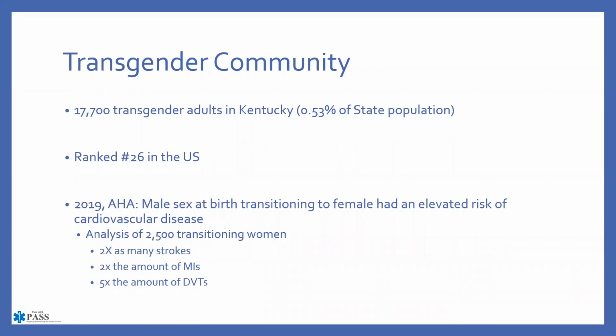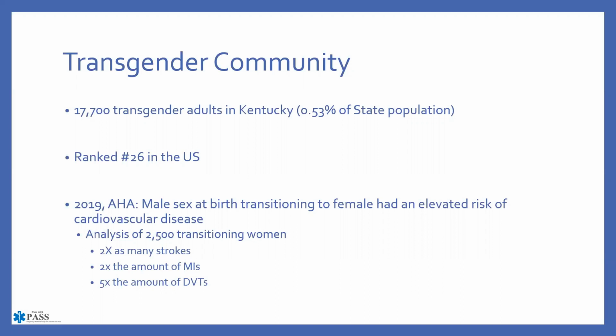All right, the transgender community. This is an interesting thing, and we felt it was appropriate to talk about it, regardless of your position or our position. There is a transgender community, and in Kentucky alone, and I know not everybody on is in Kentucky, there are 17,700 transgender adults. Yes, that's less than 1% of the state population, but 17,700 is not a small number.